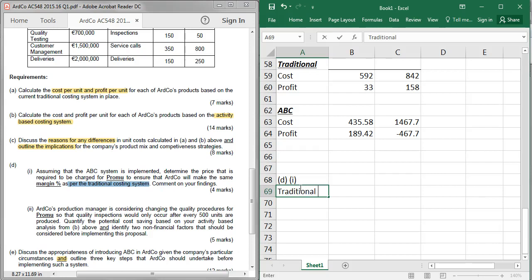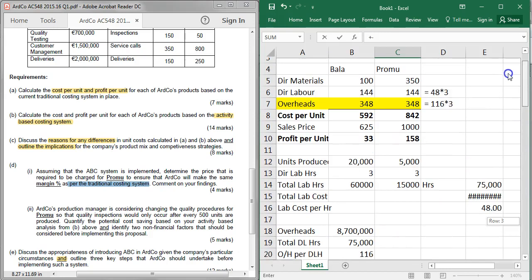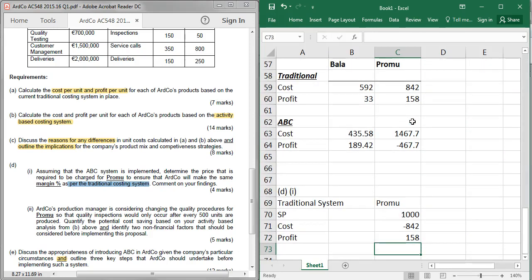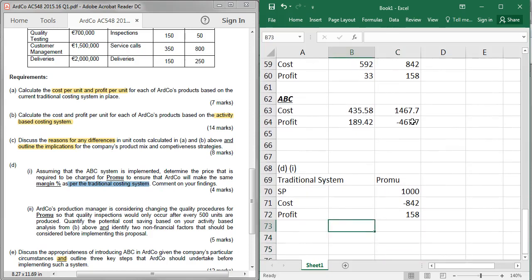So the traditional system for promo, you have the sales price, so we'll call it SP, you have the cost, and you have the profit. So for promo, which we're only looking at, the selling price is 1,000. The cost in the traditional was 842, and we made a profit of 158. So they're saying, what margin did you earn there?